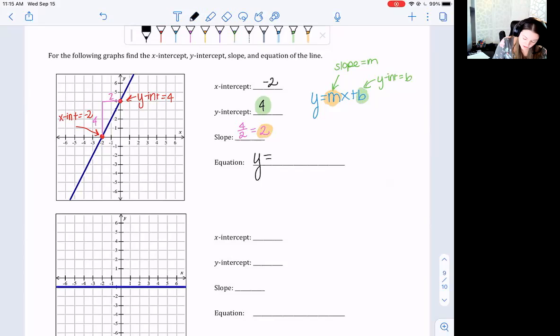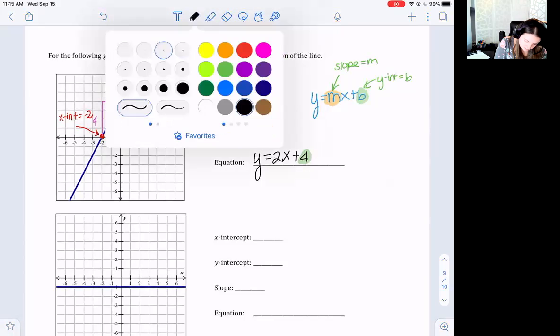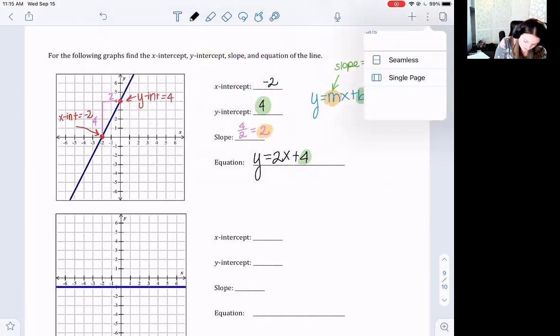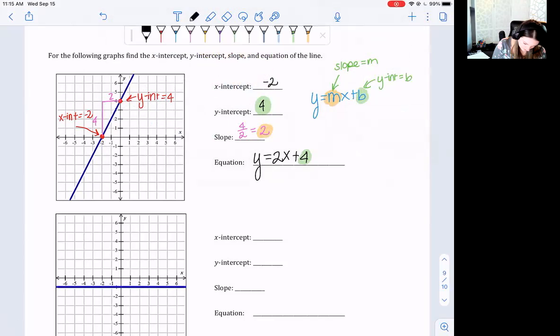So we have y equals, the slope is 2x plus the y-intercept is 4. Oh no. How do I get that to come back? No, come back. There we go. Fixed it.